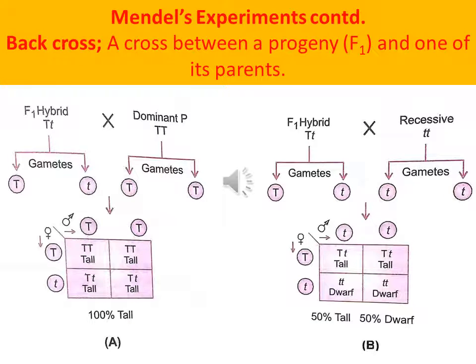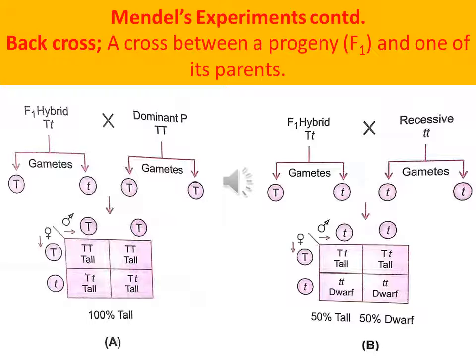Now, let's see Mendel's back cross experiment. Remember, it is a cross between the F1 progeny and one of the parents. Here, we have a heterozygous tall plant, that is capital T small t, a member of the first generation, being crossed with the parent, double T dominant.